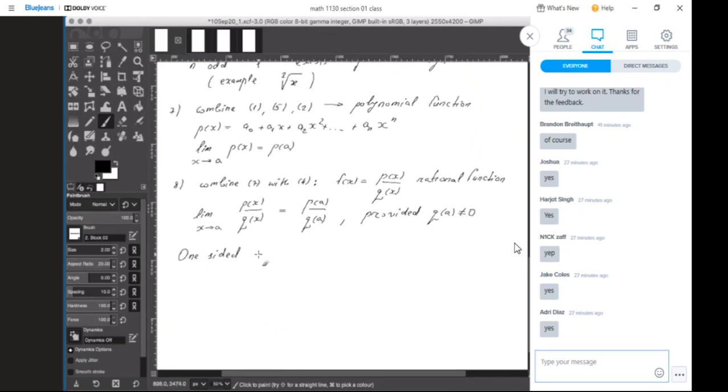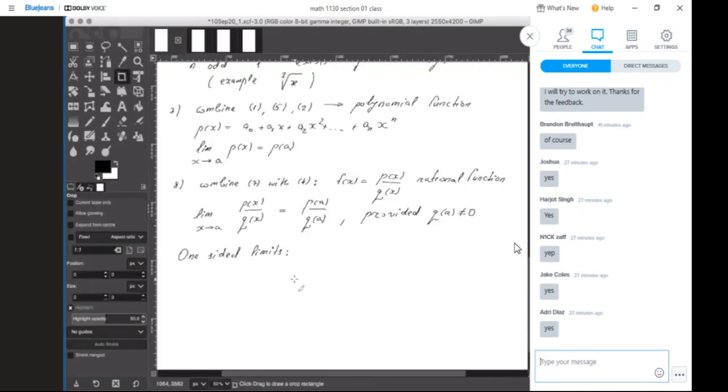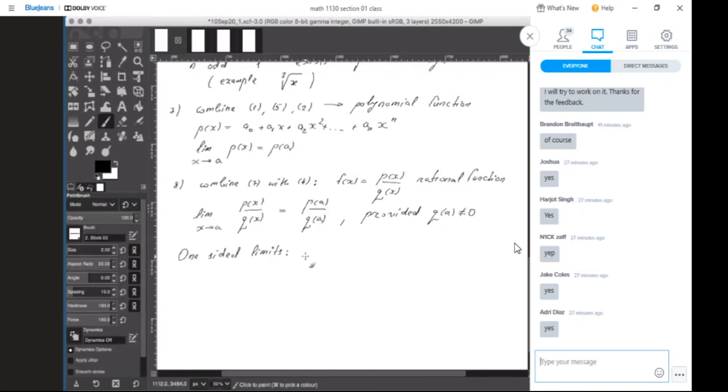Now let's, for a moment, consider what is going to happen if we only look at one-sided limits. So basically, all of these rules will hold regardless. All we will have to do is put x going to a plus or a minus, depending on which limit we want to consider.